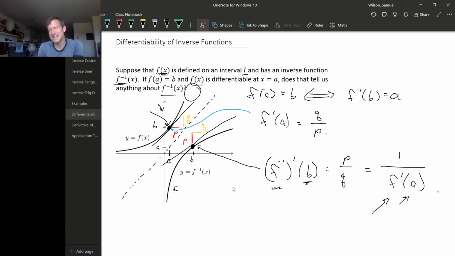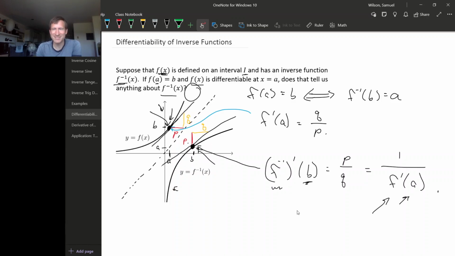I think this diagram gives you a very good feel for why it has to be true, just based on the graph. But actually getting into the details of the proof requires delicately thinking about one-to-oneness and exactly what goes on near these points. But the picture makes it pretty clear why it's plausible that the function being differentiable would make the inverse function also be differentiable.